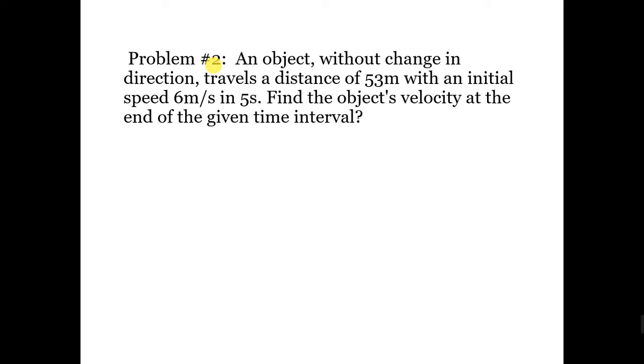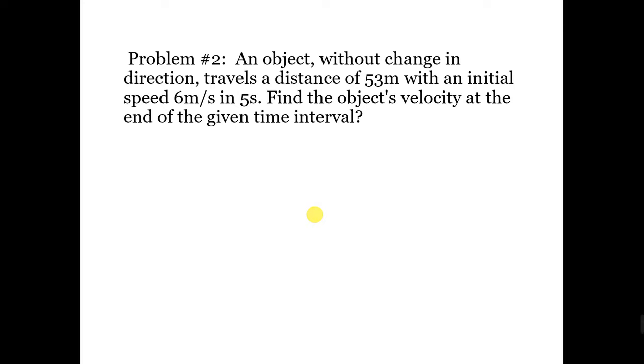For problem number 2, an object without a change in direction travels a distance of 53 meters with an initial speed of 6 meters per second in 5 seconds. Now find the object's velocity at the end of the given time interval.